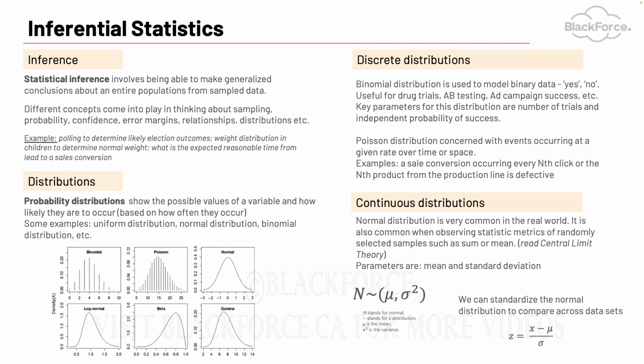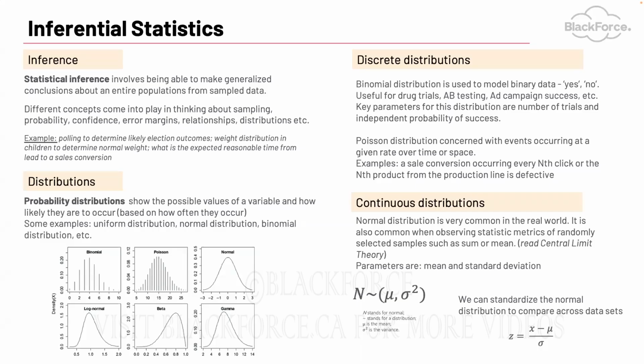The likeliness of a particular outcome occurring in the population speaks to probability distribution, right? You have a couple of different distributions. I won't go too deep into this, but with inferential statistics, we're trying to make generalizations about the population from what we can infer and calculate statistically from the sample.